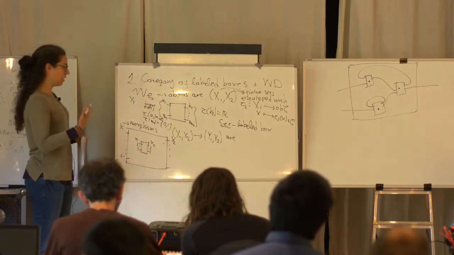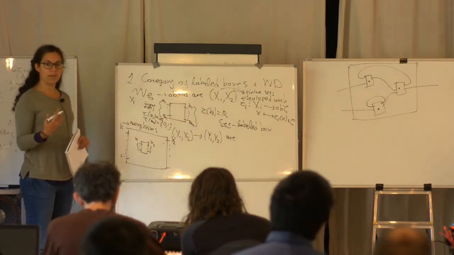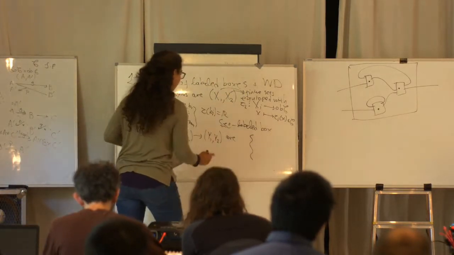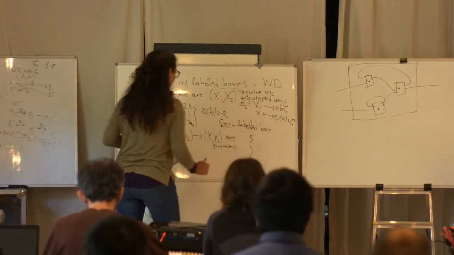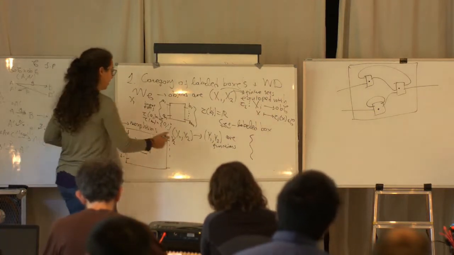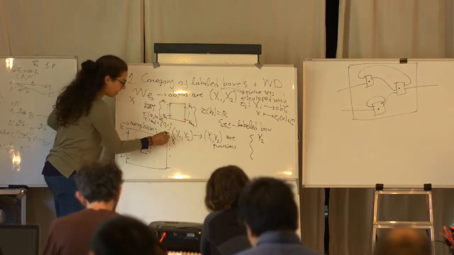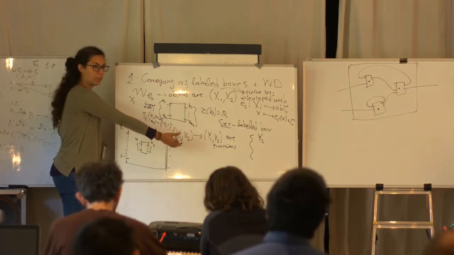Okay, so this is my pictorial representation of what I am about to write here. And the morphisms in this category tell you what you can do with your wires, what possibilities you have, what is your freedom here. So, it's going to be a pair of functions. I'll say something about the types in a second, okay? But first of all, I have the set of outputs y2. I have this side of the box. This is where the inside box talks to the outside world in a sense.